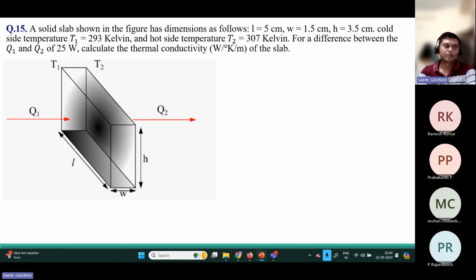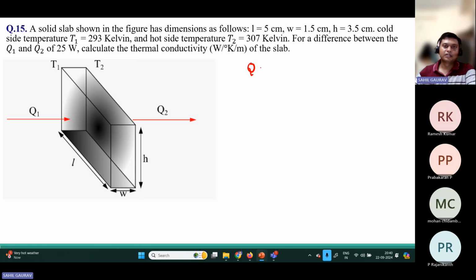So let us see the next problem. A solid slab. This problem is from conduction heat dissipation. A solid slab shown in the figure has dimensions as follows. Length is 5 centimeter, width is 1.5 centimeter, height is 3.5 centimeter. Cold side temperature is 293 Kelvin, and hot side temperature is 307 Kelvin. For a difference between Q1 and Q2 of 25 watt, calculate the thermal conductivity of the slab.